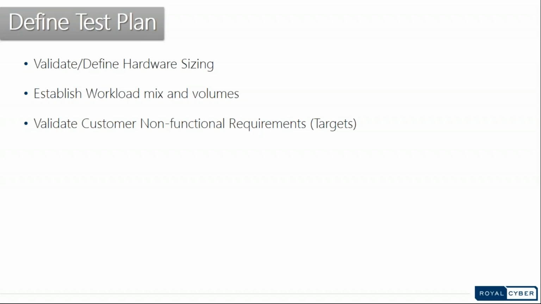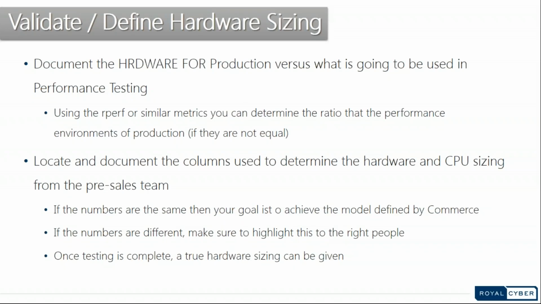The second one is to document the hardware for production versus what is going to be used in performance testing. Ideally, for our customers, we want them to have a replica of production as their test environment, where we do the performance testing.